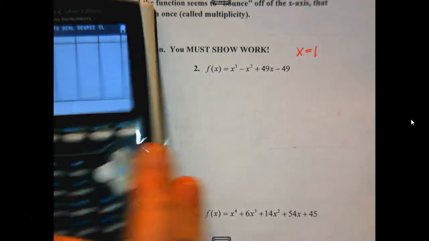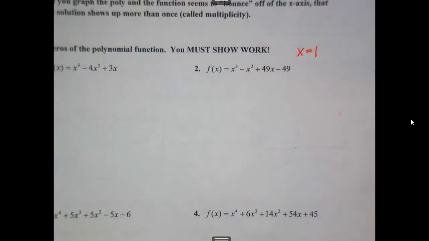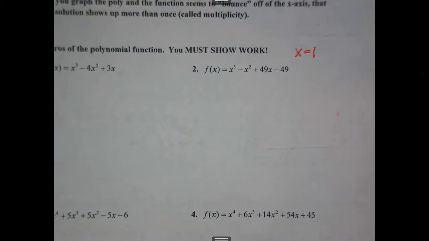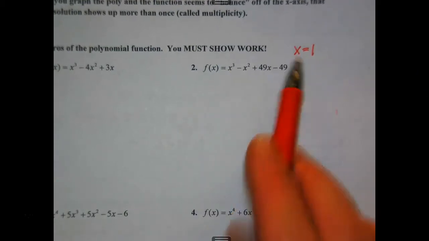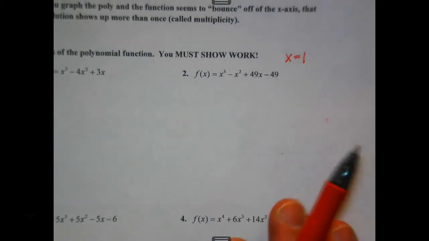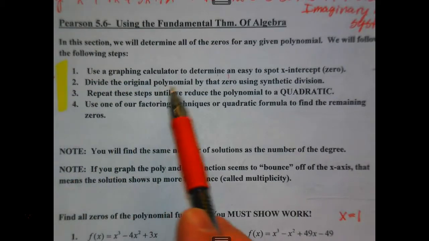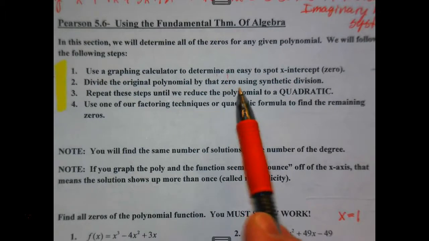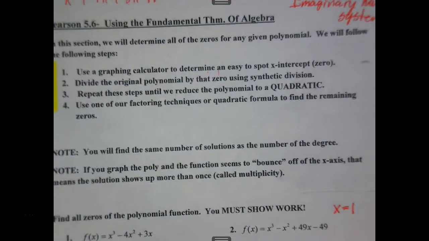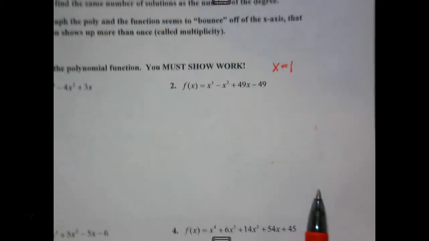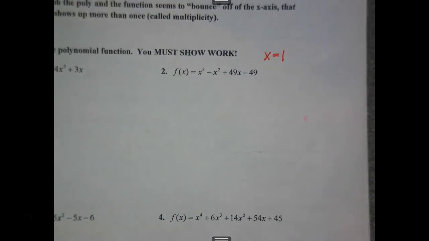Now I have to find 2 more solutions, because it's degree 3, that means I have 3 solutions. Step 2: divide the original polynomial by the zero using synthetic division. Wonderful. So I'm going to use synthetic division to find another zero.